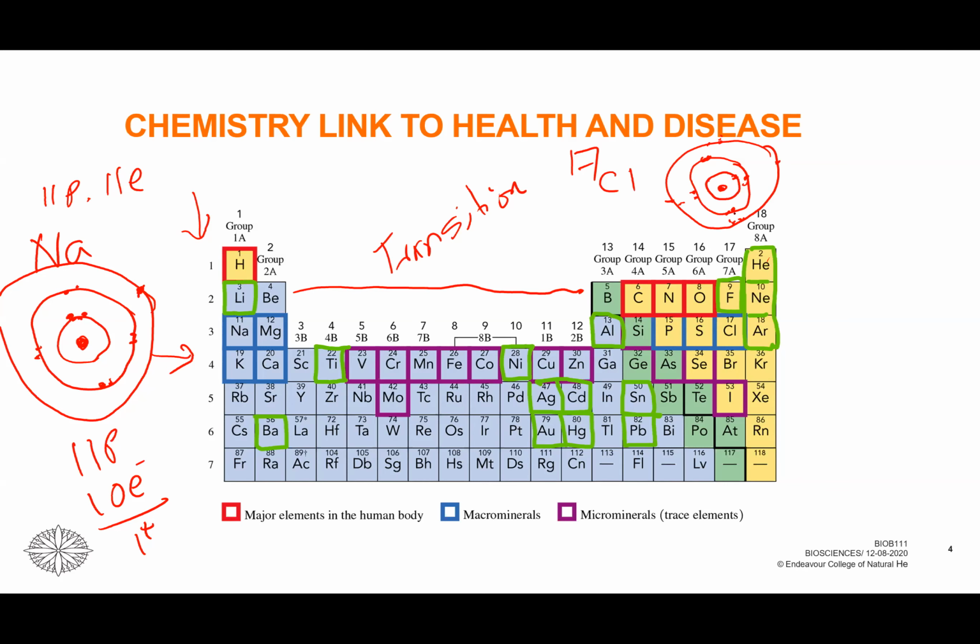So that's why it is in group 7. How many electrons does it need? 1 electron. Remember our friend sodium has given 1 electron, and that electron chlorine is going to accept, so it becomes an ion, sodium chloride. Makes sense now?